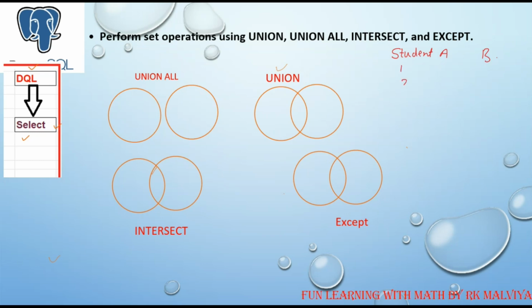So here I have 1, 2, 3, and they have classes like music, science, or math. And in the other class, I have different students, maybe 4, 5, 6, and like the class is common, and the other class may be a different class.